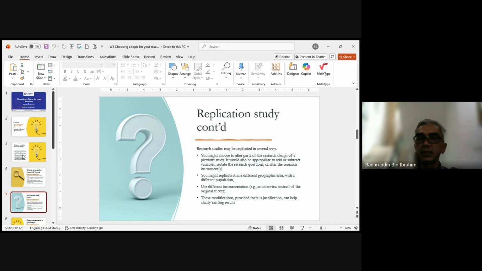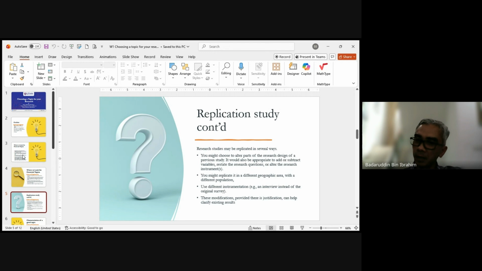But whatever it is, whether you change the location, the instrument, or the research design, again, you need to answer why. Justify why I need to change, why I need to replicate. That is the most important thing. Why do I want to replicate this study? You must justify.